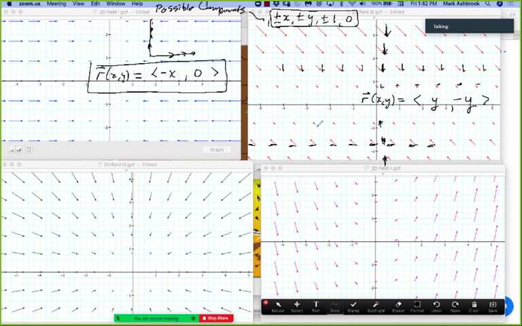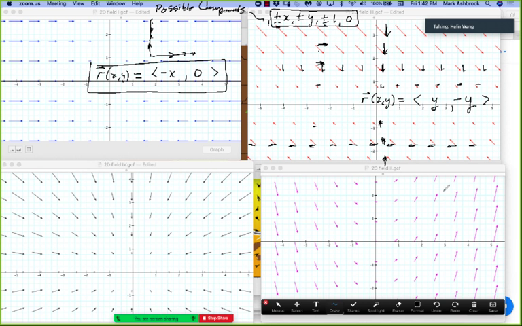But if I move in the y direction, then my x component changes. So my x component of these vectors is the y coordinate. The y coordinate's increasing positively, and so are my x components as I increase y. But if I change x, the x components of the vectors stay the same. They're not a function of x.